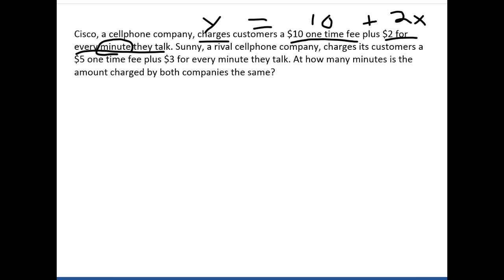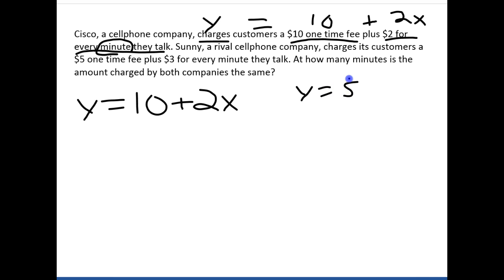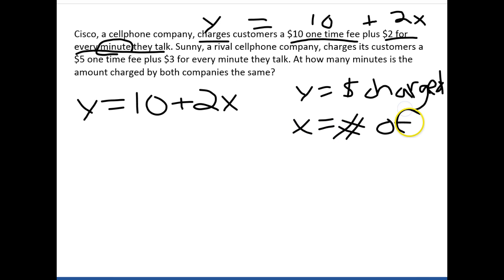So our first equation is y equals 10 plus 2x, where y is amount charged, or money charged, and our x is the number of minutes.